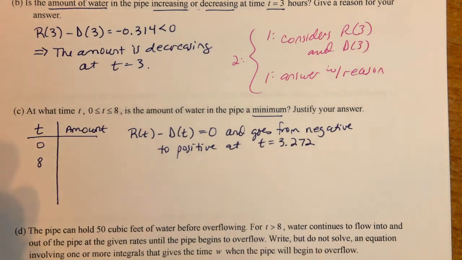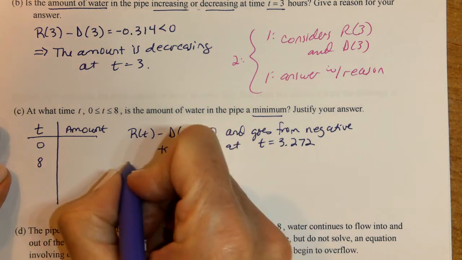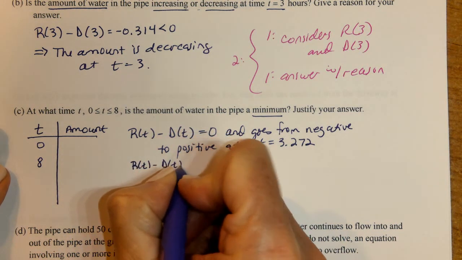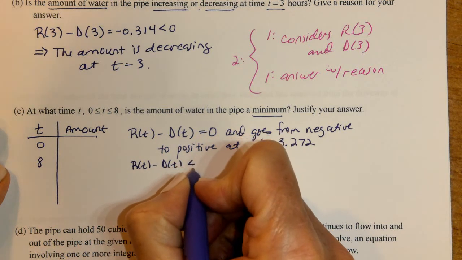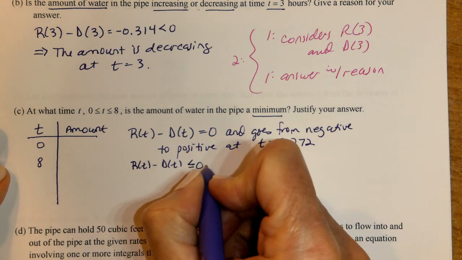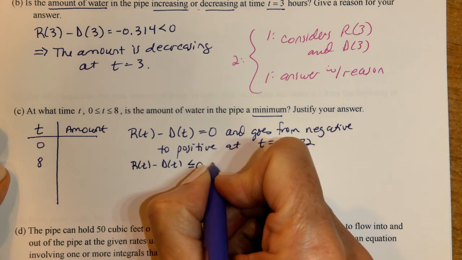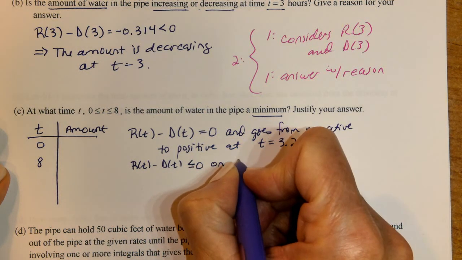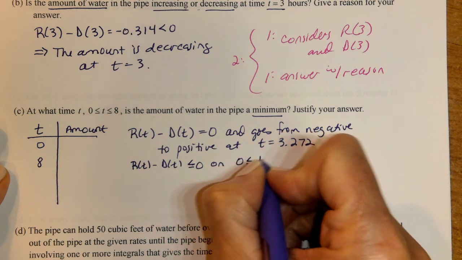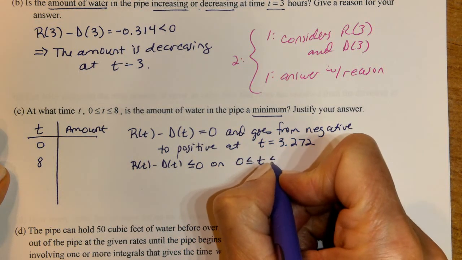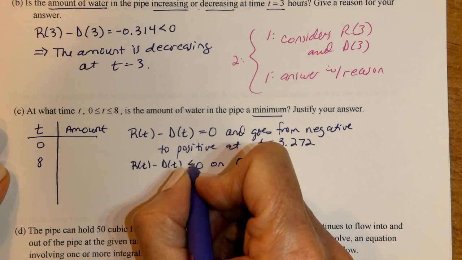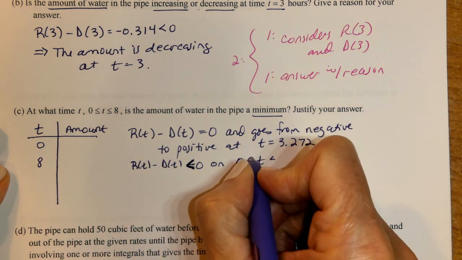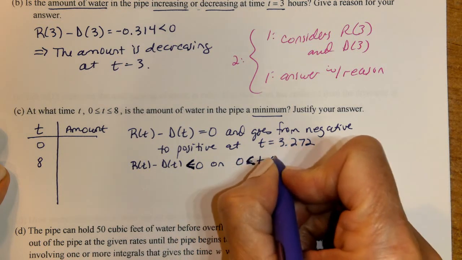Okay, so I'm going to say, just like we did last time, R of t minus D of t is less than or equal to 0 on 0 to that time, and since I have equal to 0, I could just say less than 0, and then I would just say less than here and less than.